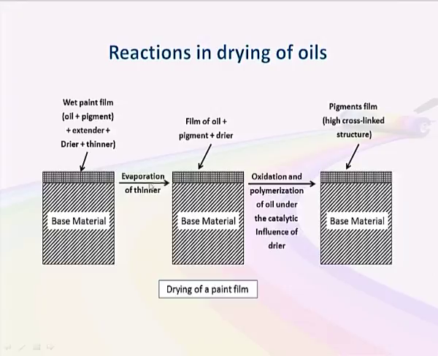After some time, the thinner evaporates. Now, what is left? A film of oil, pigment and dryer. Further oxidation and polymerization of oil under the catalytic influence of the dryer will take place, and we will get a highly cross-linked structure at the surface of the base material.